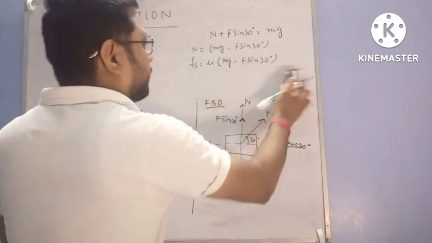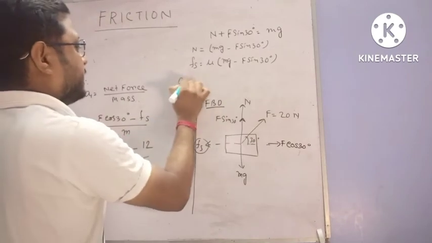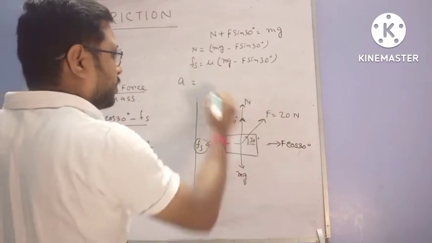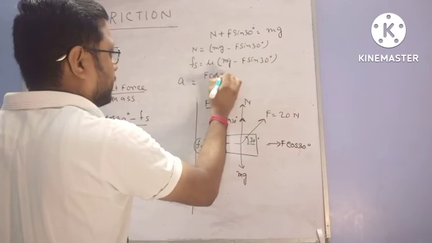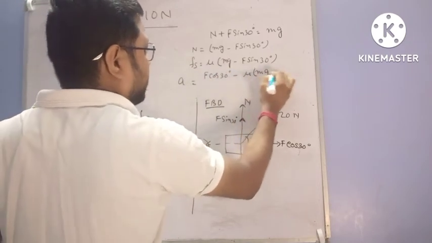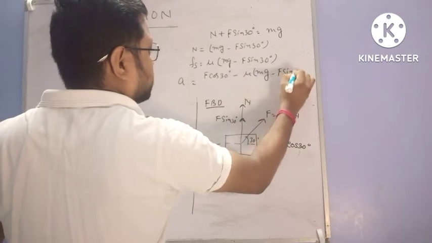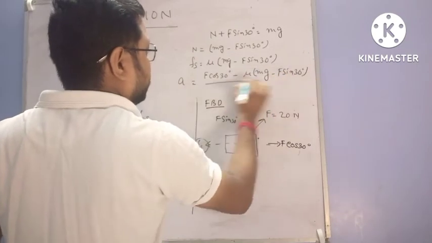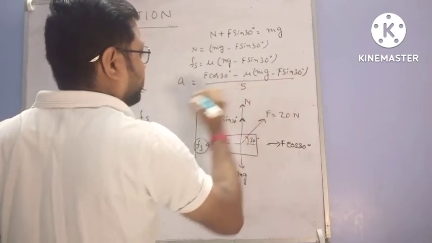Now, what is the value of the effective force or acceleration? Net force, again F cos 30 minus Fs, that is mu into mg minus F sin 30, divided by the mass of the block, which is 5.